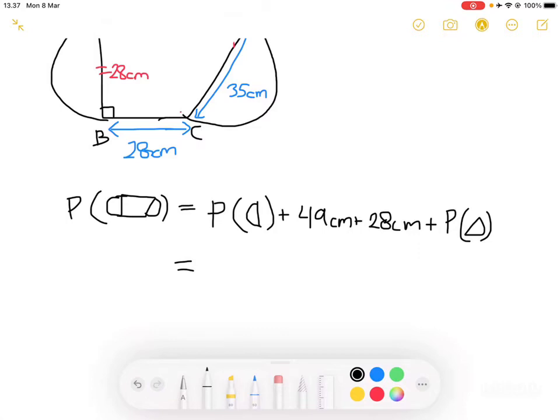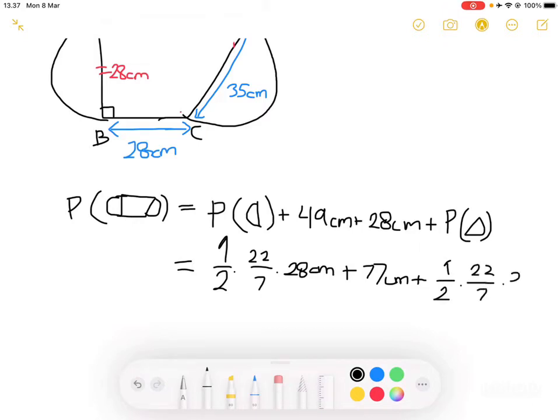So for the perimeter of this arc, we have a half times pi, which I'm going to take as 22/7, times 28 centimeters, plus 49 plus 28 is 77 centimeters, plus a half times 22/7 times 35 centimeters.